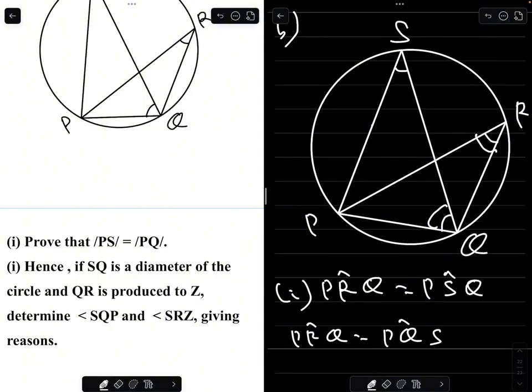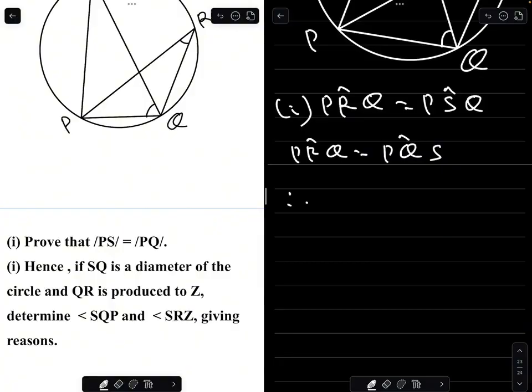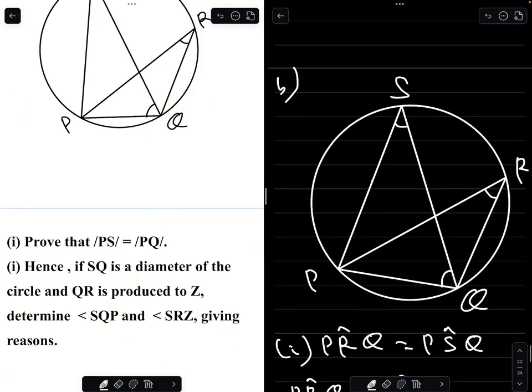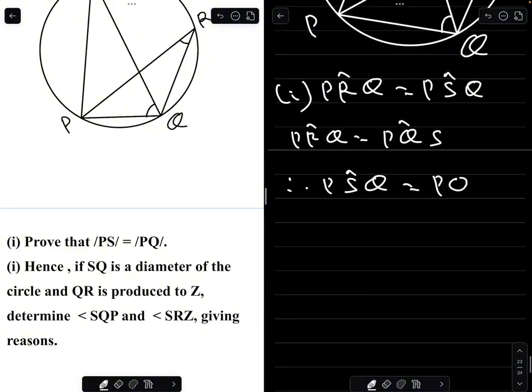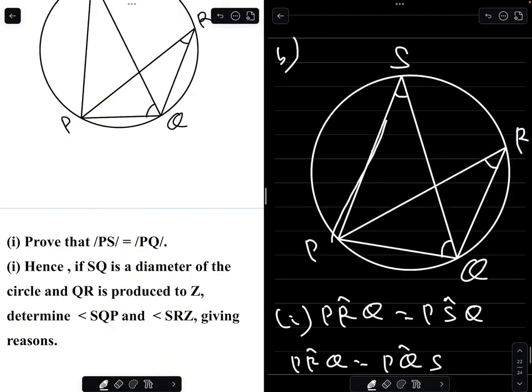This angle is equal to this angle. So PSQ will also be equal to angle PQS. And that therefore means triangle PSQ is an isosceles triangle. If these base angles are equal, that means PS is equal to PQ.